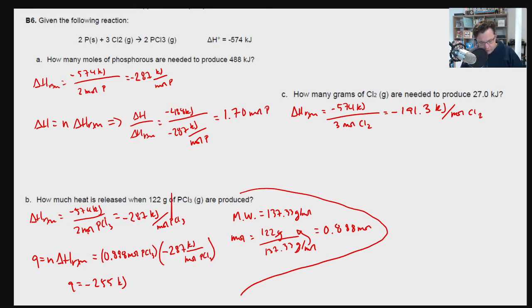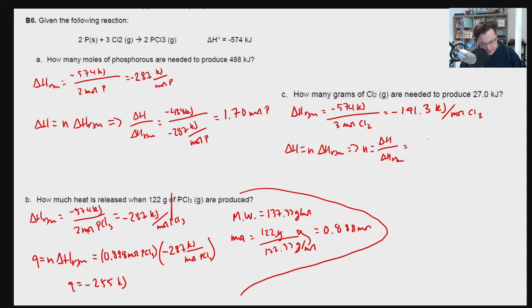So now we know that delta H in this case is going to be equal to the number of moles times the delta H of the reaction. We rearrange this, and what we get is n is equal to delta H divided by delta H of the reaction.